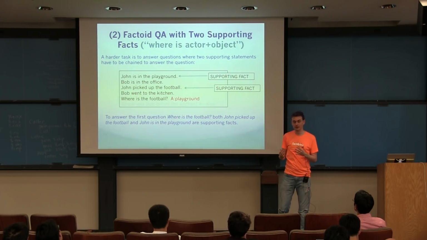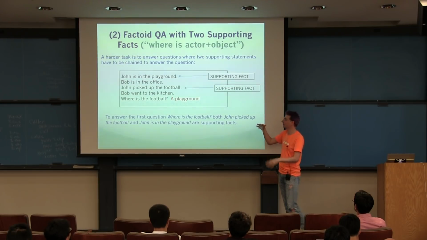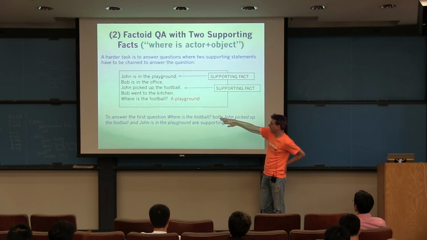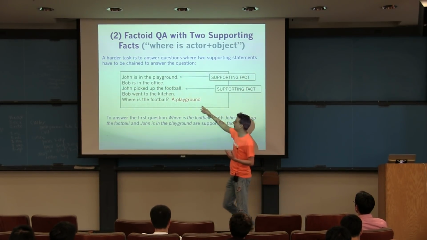Some kind of algorithm that's going to answer this, if it's looking for supporting facts, needs to do them iteratively, one after the other, because to answer where is the football, the first thing it's got to do is find something that's been talking about the football, right? So that would be this one.